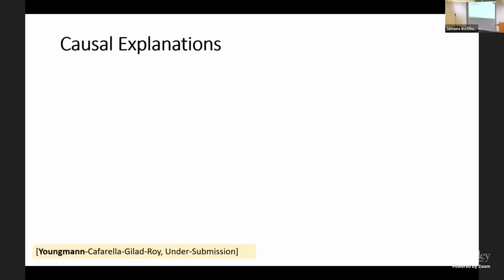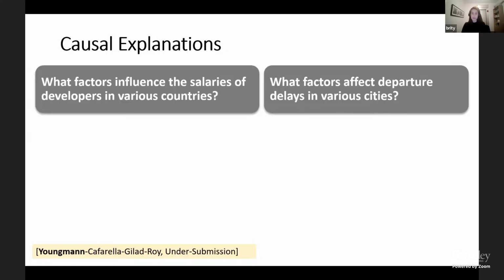So in an ongoing project with Micah Farella and Amir Gilad and Sudeepa, and this is still under submission, we're looking for causal explanation. Instead of just explaining the correlation, we actually want to draw causal conclusions from the data. So an example question that we want to answer is, what are the factors that influence the salaries of developers in different countries?